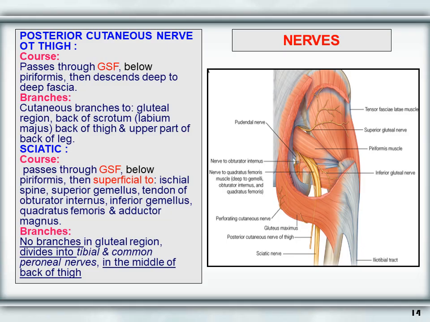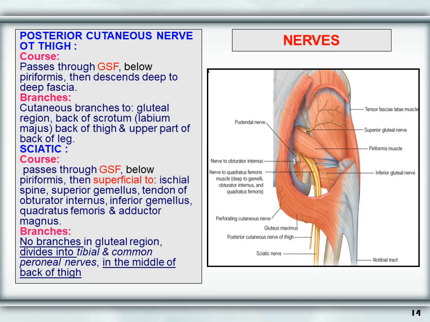The sciatic nerve passes through the greater sciatic foramen below the piriformis, then superficial to the ischial spine, the superior gamellus, the tendon of the obturator internus, the inferior gamellus, the quadratus femoris and adductor magnus. The sciatic nerve has no branches in the gluteal region.